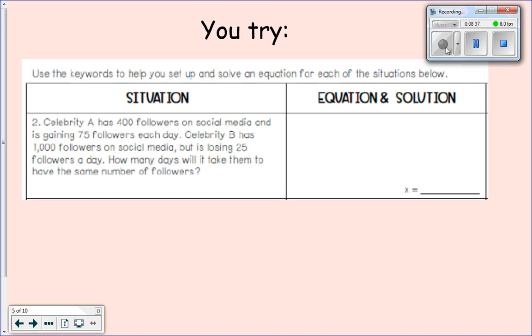We have celebrity A has 400 followers on social media and is gaining 75 followers each day. Celebrity B has 1,000 followers on social media, but is losing 25 followers a day. How many days will it take them to have the same number of followers?